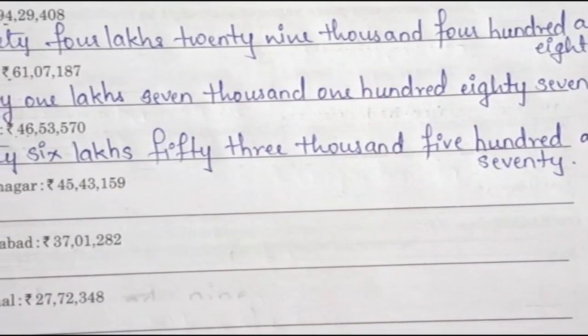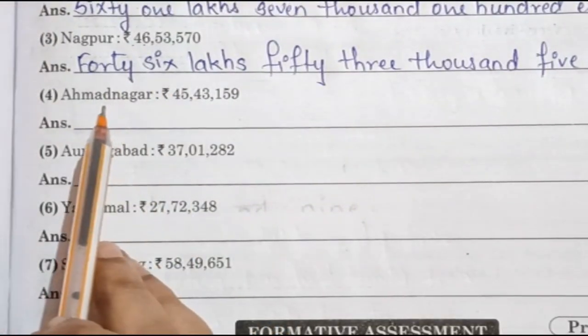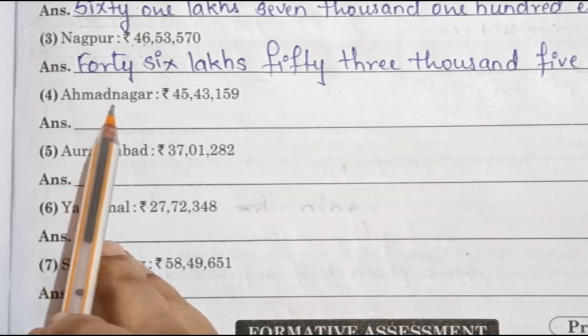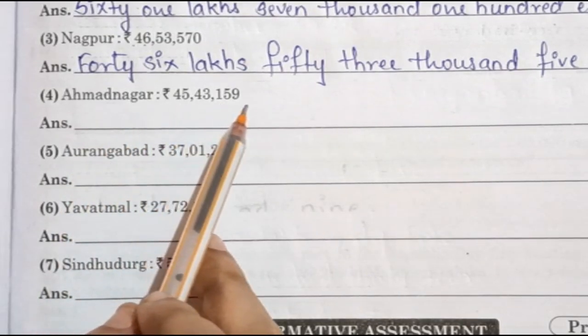Okay. Next district is Ahmednagar. Ahmednagar has given rupees 45,43,159.